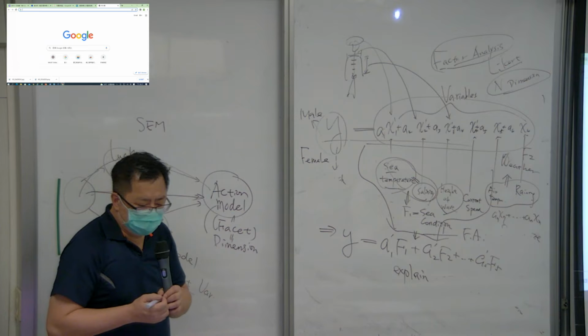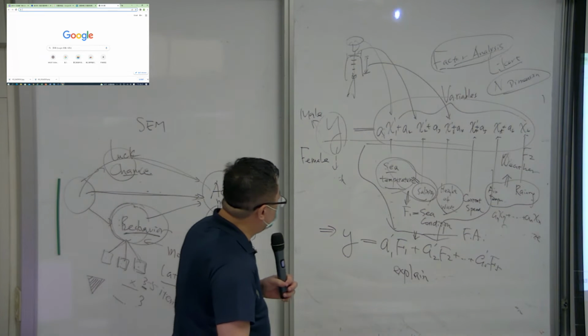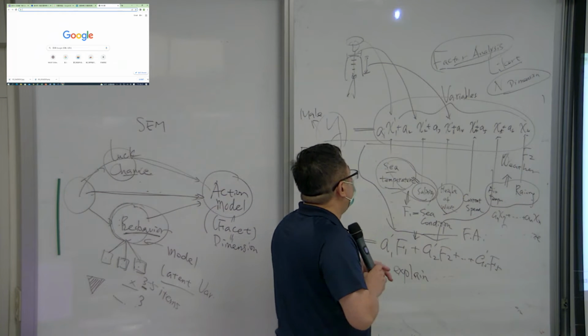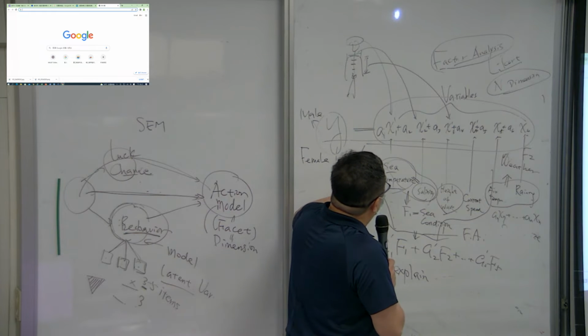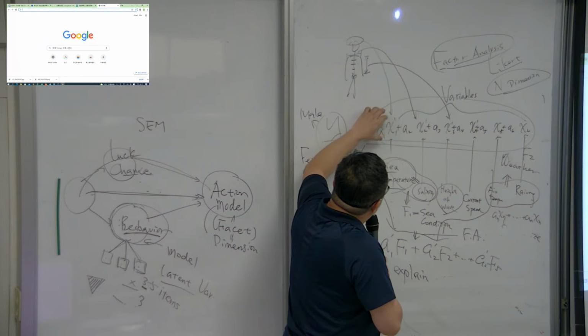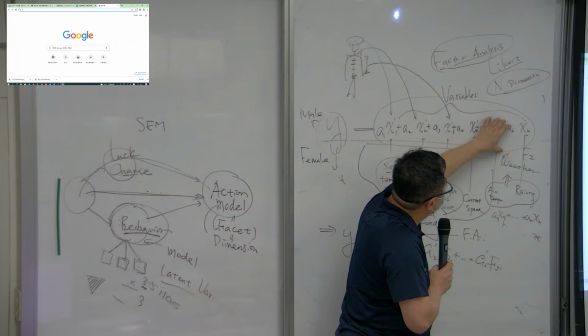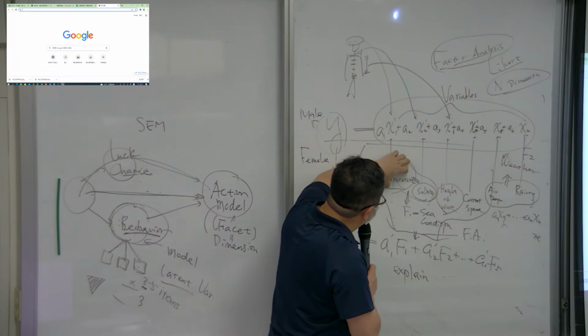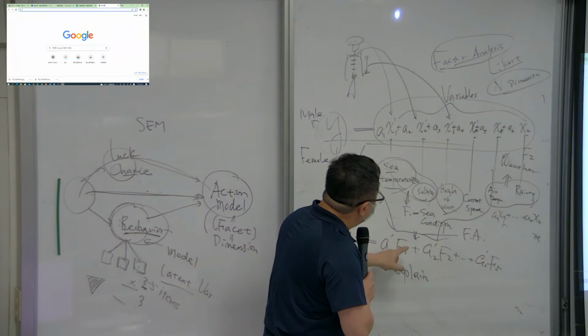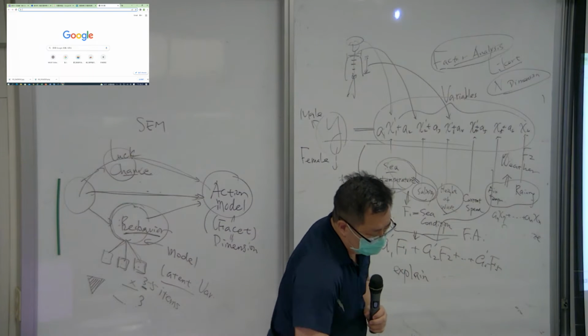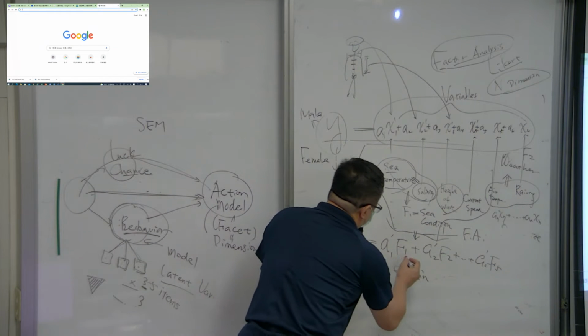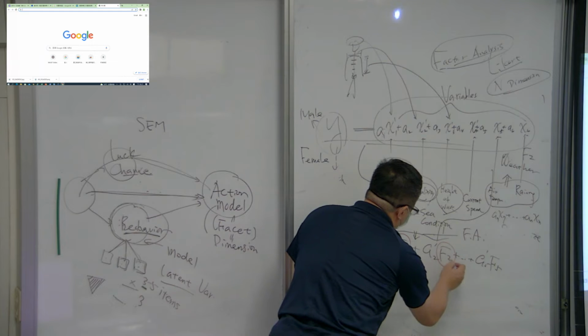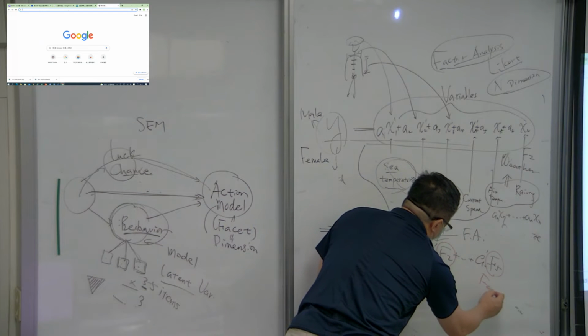Okay. So today we stay here. We compose many variables together to be a factor. Actually, this factor is a dimension. This is a dimension. This is a factor.